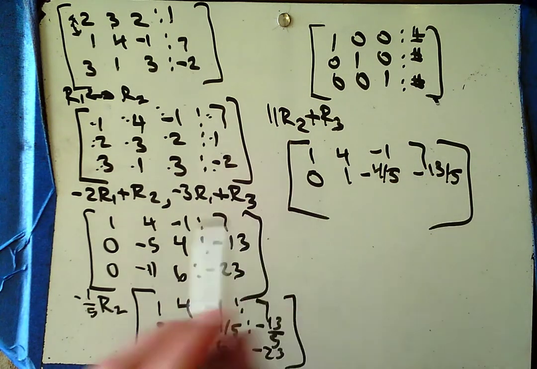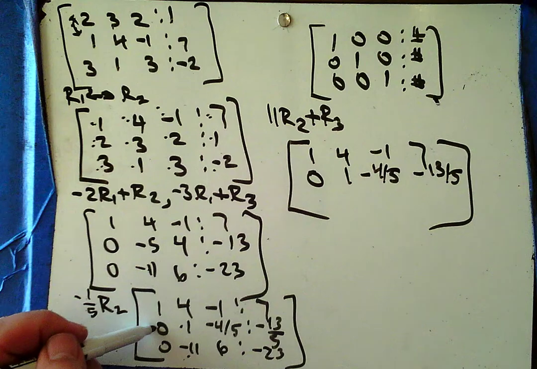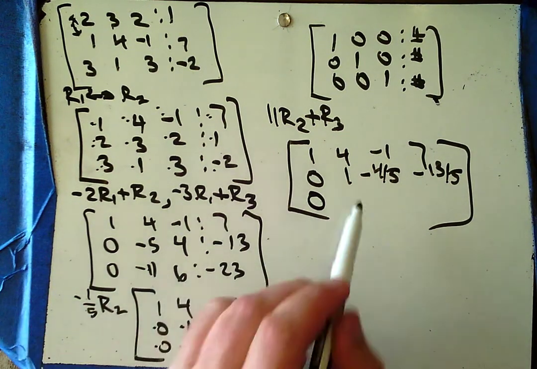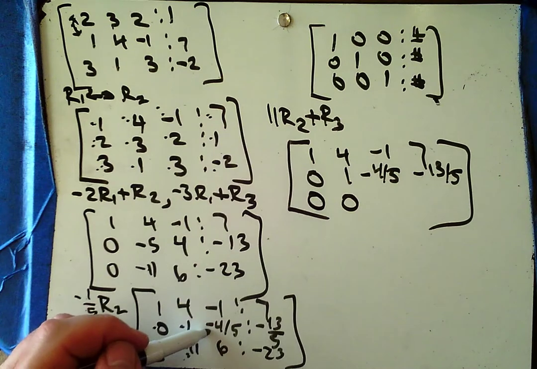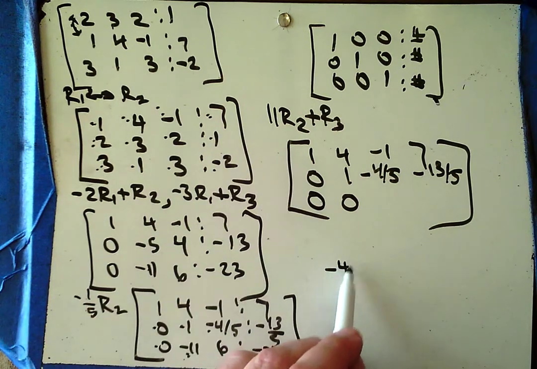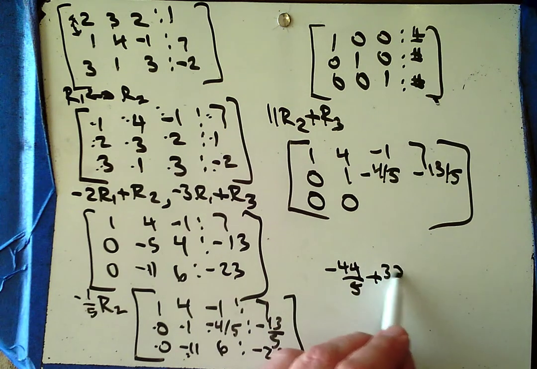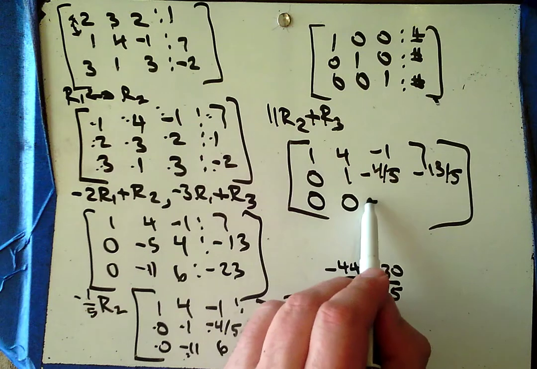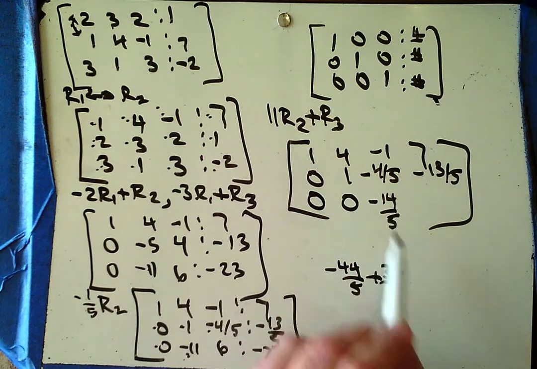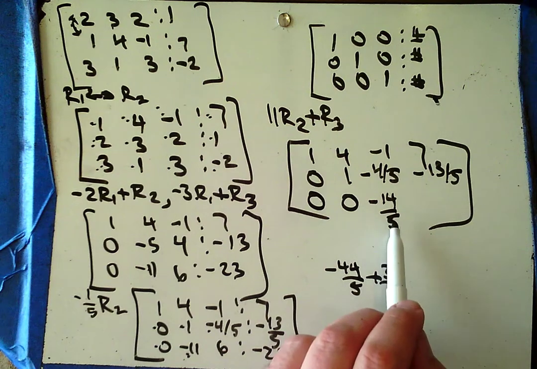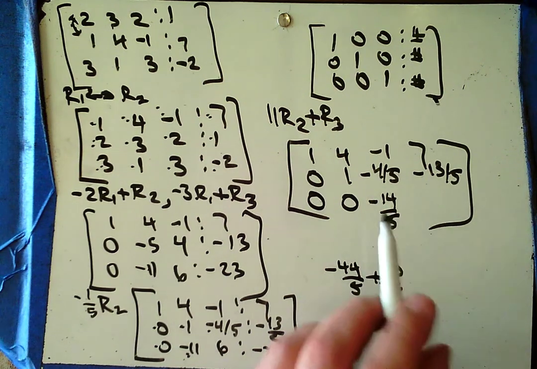And then we've got 11 times this plus this. 11 times this is negative 44/5 plus 6 or 30/5. So that's going to be negative 14/5. And it's looking grim. I see that. It's not a 1. Kind of sad. But don't worry, it'll all work out.